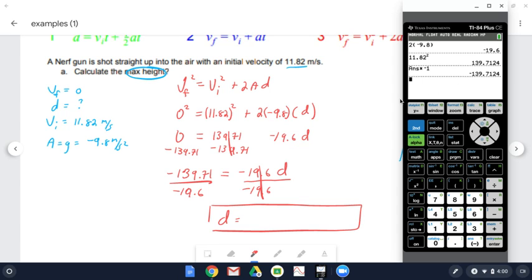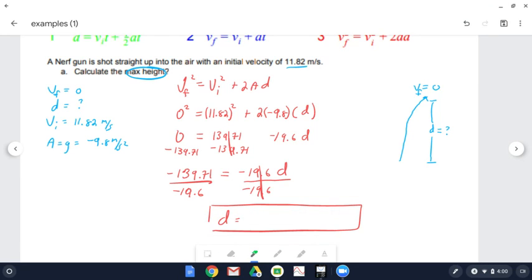Okay, same number right here. And now I'm going to divide by negative 19.6. Hit equals, I got 7.13 meters. And this is positive because it is in fact going off the ground. 7.13 meters.